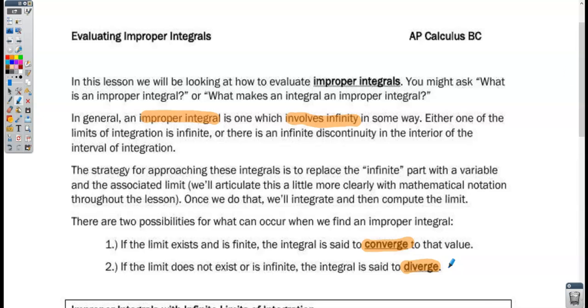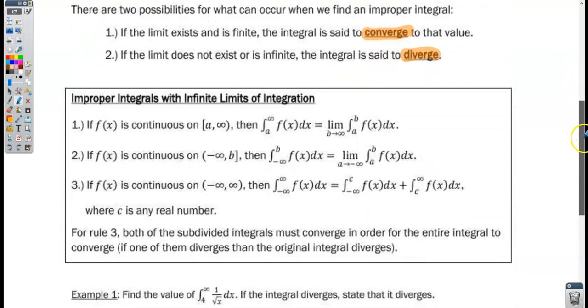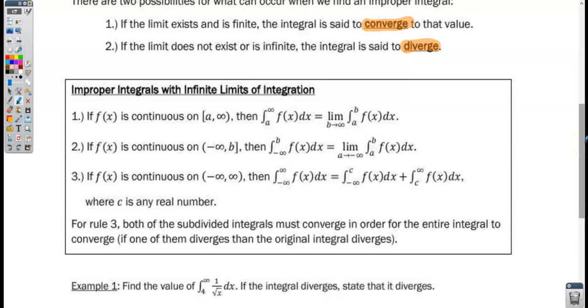Okay, so let's look at the first type of improper integral, the improper integral with infinite limits of integration. So suppose we have a function, and this kind of just breaks down all the different possibilities of things that can occur in this situation. If I've got a function that's continuous on the interval from a to infinity, the integral from a to infinity of f of x can be written by replacing the infinity with a b as the limit of integration, and then finding the limit as b goes to infinity of this integral.